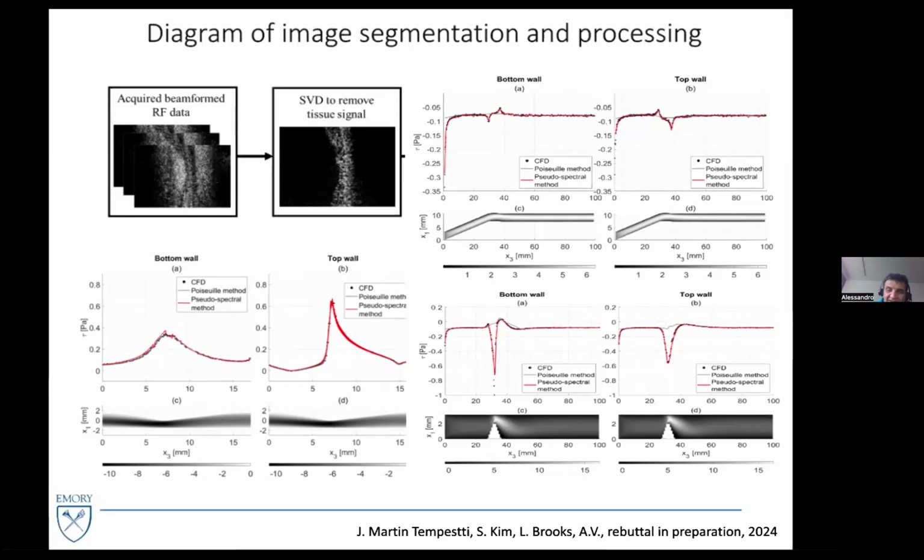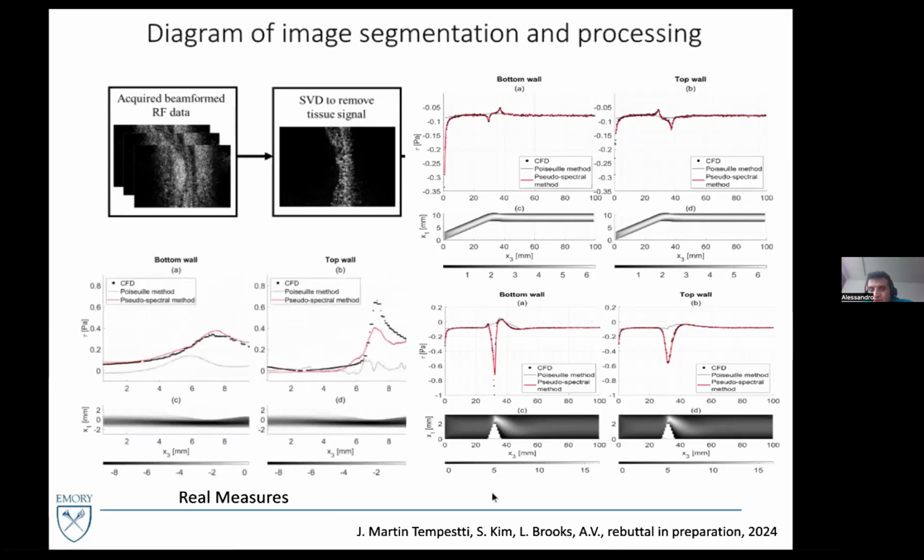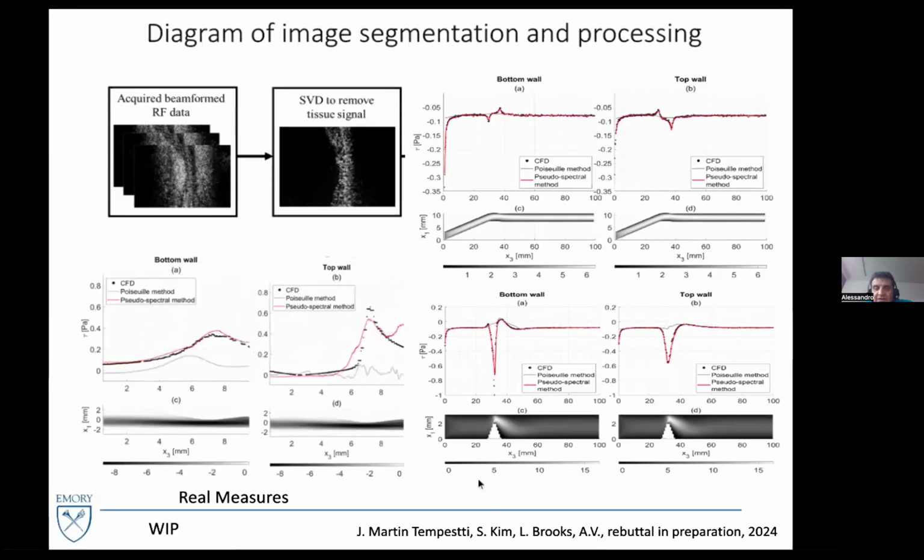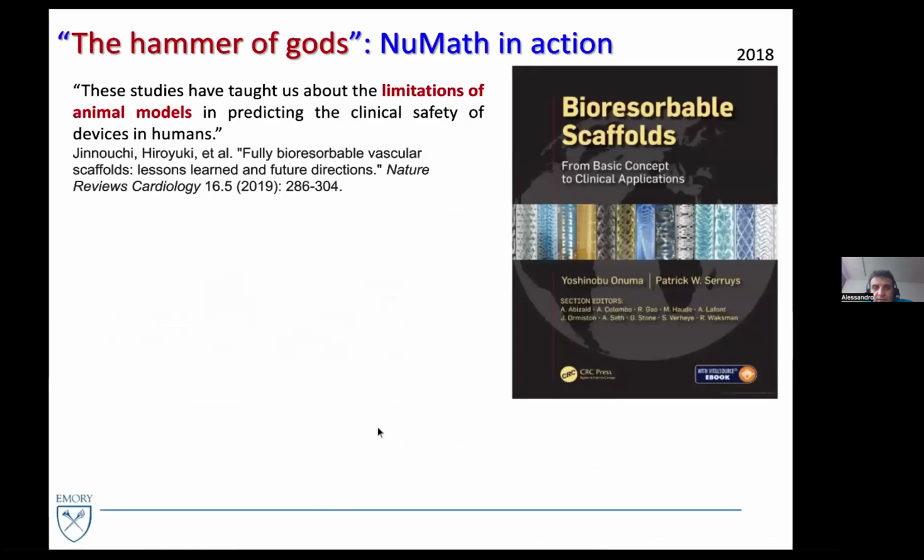I think the best way is to do model order reduction to perform data assimilation and eventually have the best possible approximation of the wall shear stress. So I see an important role for model reduction, or also physics-informed neural networks, in this space very soon. Okay, so let me go to the last part of my talk.